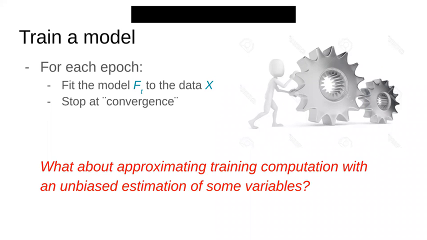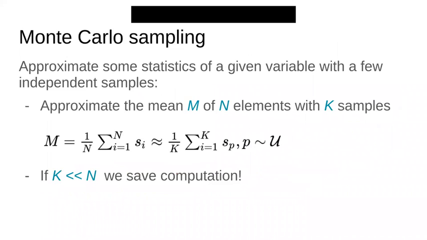An interesting way to exploit the fact that we see the same data multiple times is to try to approximate some variables, some data that is used during training, with some unbiased estimation. For instance, we can use Monte Carlo sampling to approximate some variables used during training.